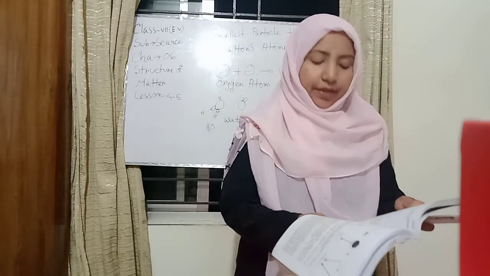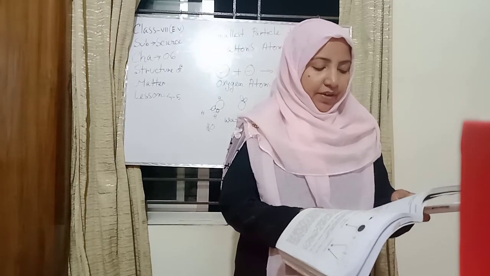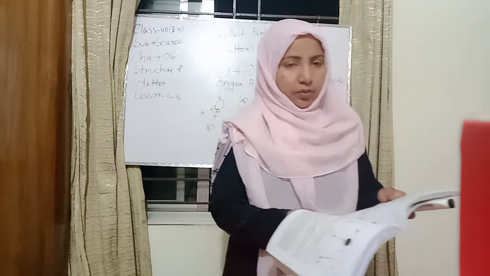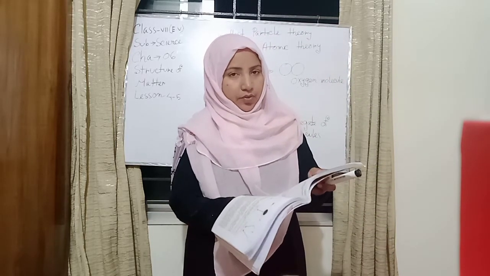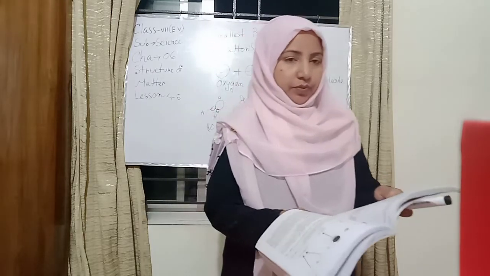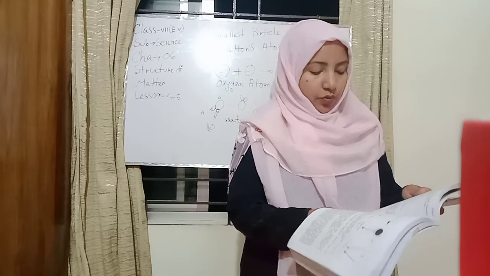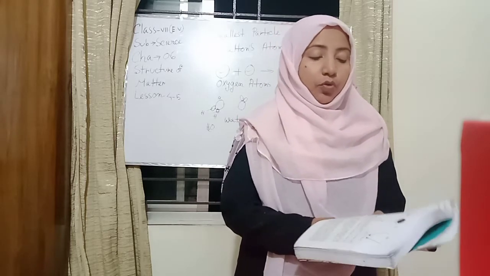They do not contain any properties of water. They, in fact, are no longer water particles. They are atoms of two different elements, one oxygen atom and two hydrogen atoms. In other words, one oxygen atom and two hydrogen atoms combine to form a water molecule.